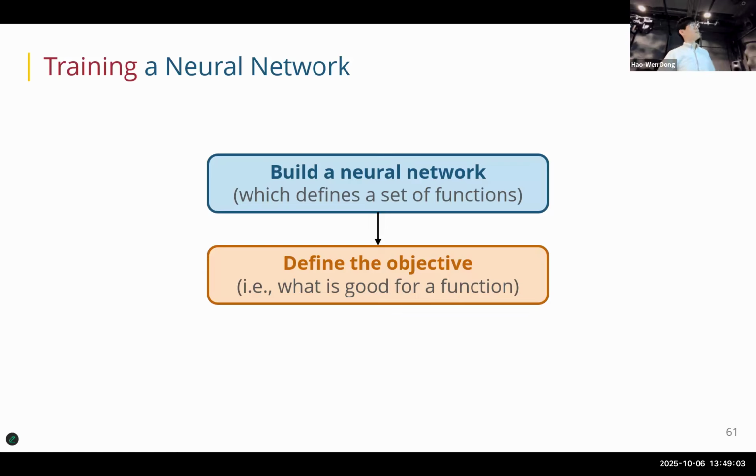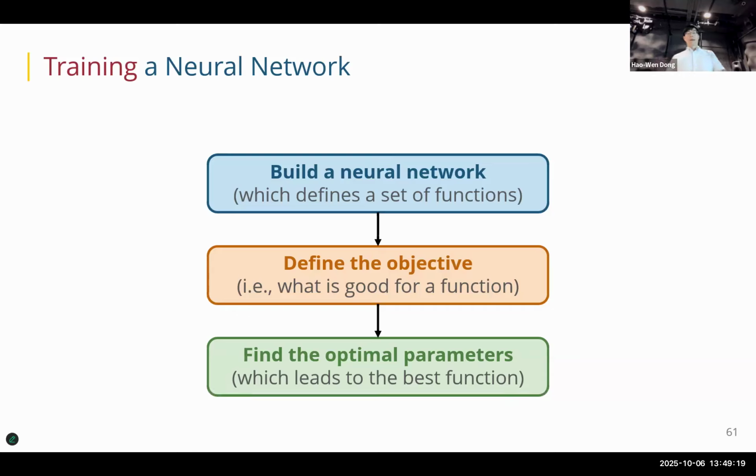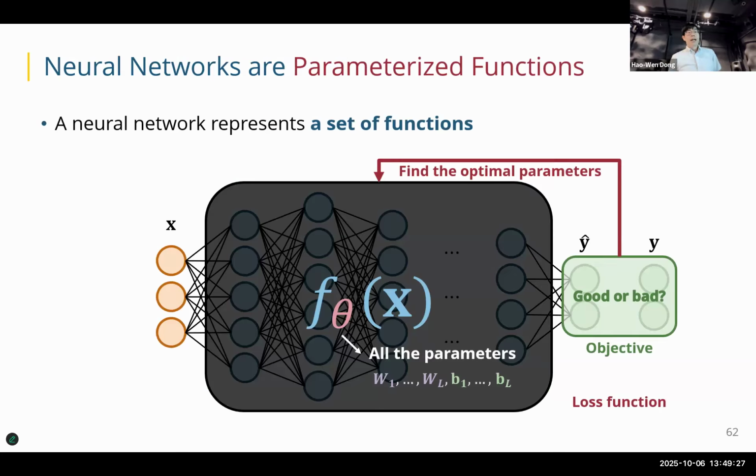So again, how you train the neural network: the neural network defines a set of functions, and you want to define the objective, what is good for a function, which is usually defined by the loss function. And then you want to find the optimal parameters, which lead to the best function. So these are the three components of training a neural network for deep learning.